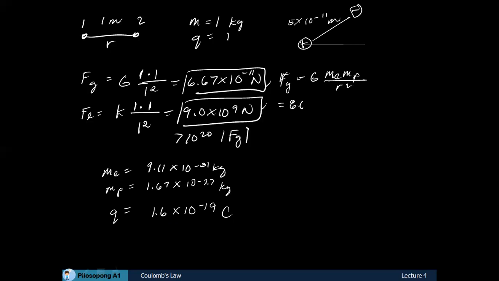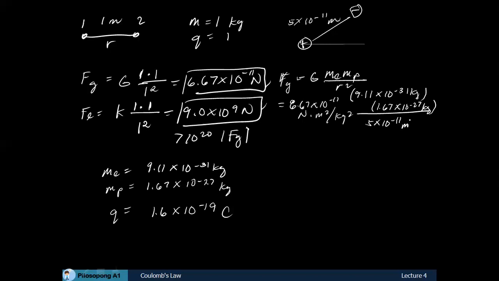You have 6.67 times 10 raised to negative 11 Newton meter squared per kilogram squared times the mass of electron 9.11 times 10 raised to negative 31 kilograms multiplied by the mass of proton 1.67 times 10 raised to negative 27 kilograms over the distance, 5 times 10 raised to negative 11 meter squared.